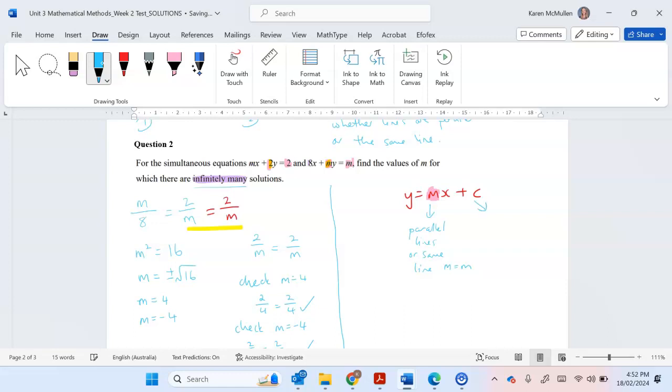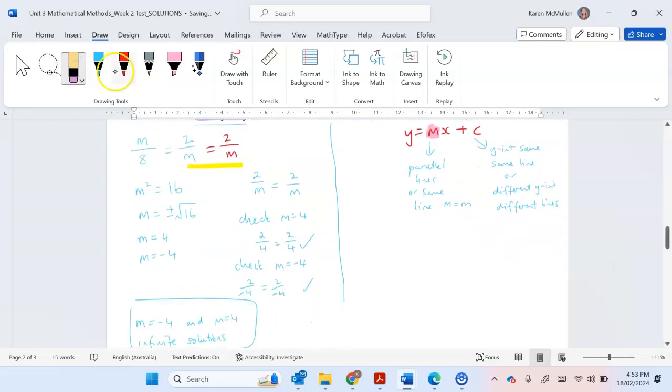Now when your c's are the same, so when your y-intercepts are the same, clearly it's the same line. Or you can have different y-intercepts, and that means we have different lines. I might keep that in there.